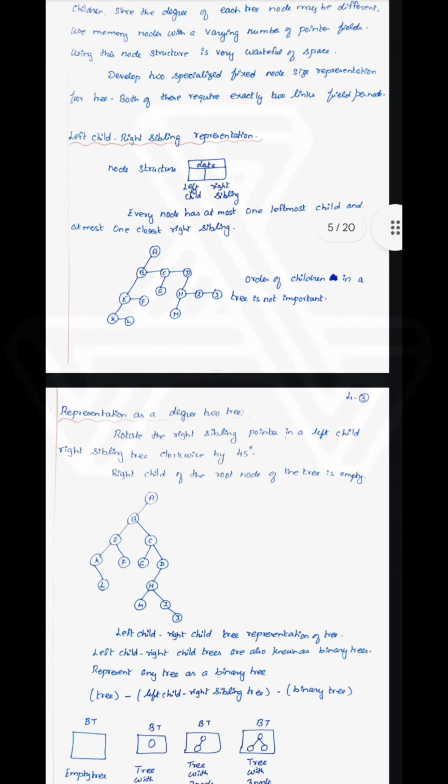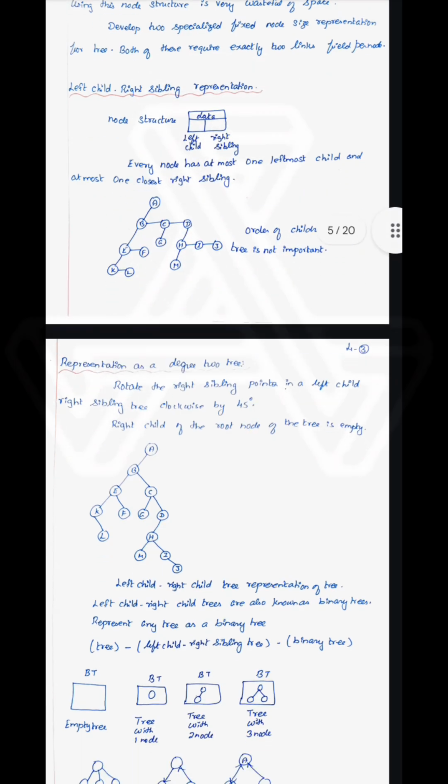Left child, right sibling representation. Each node has data, left child, and right sibling. Every node has at most one leftmost child and at most one closest right sibling. The order of the children in a tree is important.